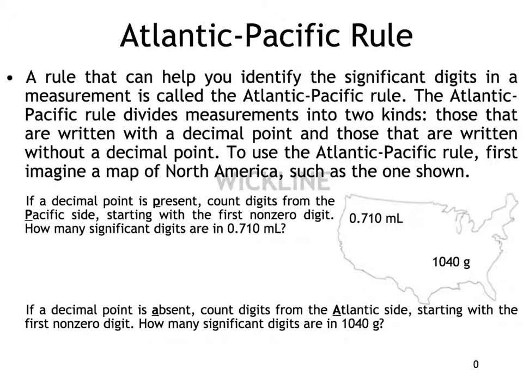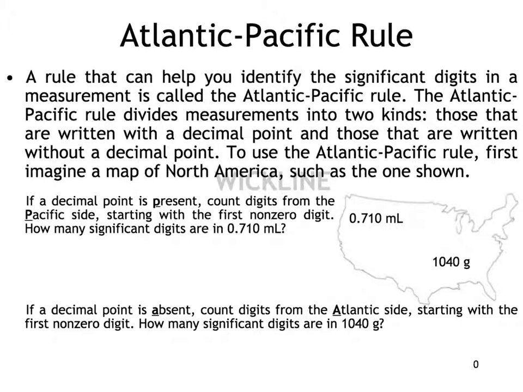So what are these rules? The Pacific rule says that if the decimal point is present, then you start counting from the Pacific side of the number and skip any zeros that begin the number, but once you get to your first non-zero, just count until the end. So how many significant digits are in 0.710?